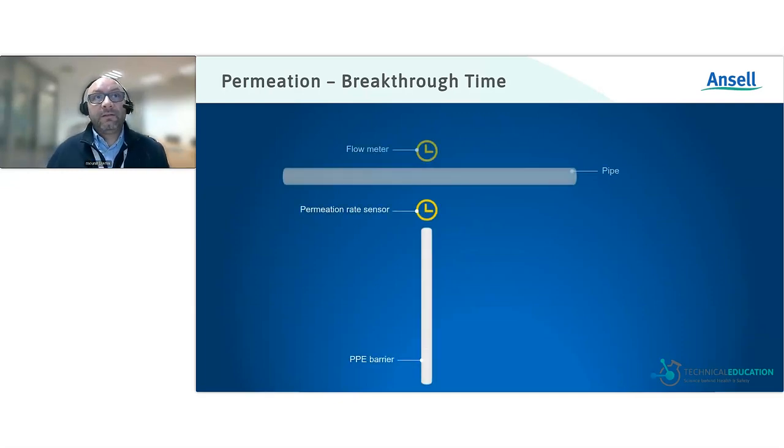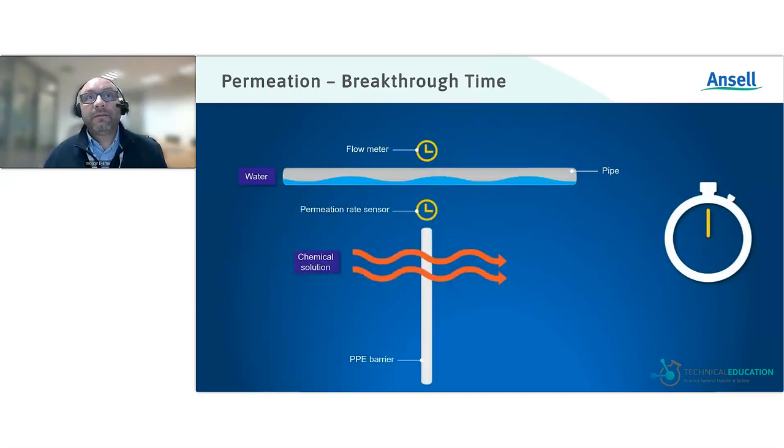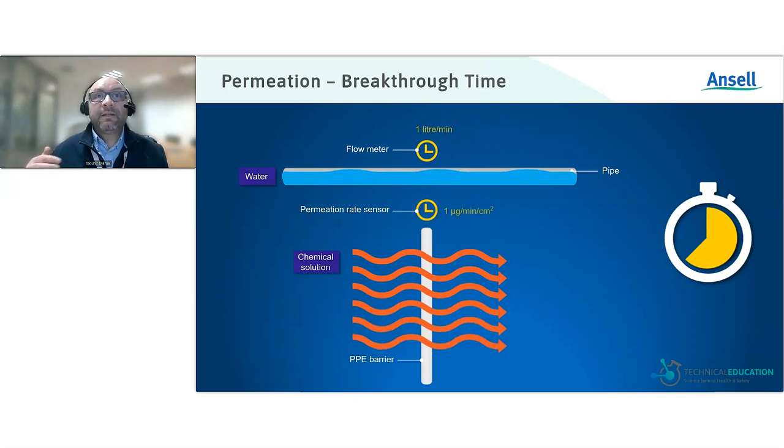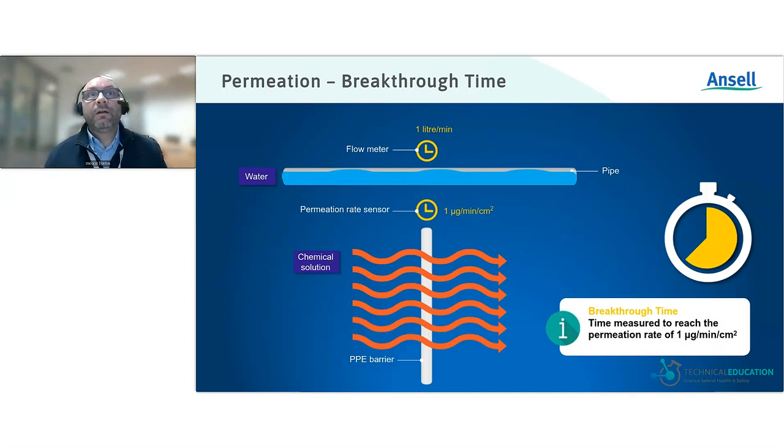So you see the two analogies, the water pipe and the PPE barrier, and I have a timer. When I open the valve and the chemical valve, I also start the timer, and we will see the flow of water and the flow of permeation increasing. When the permeation flow reaches 1 microgram per minute per square centimeter, we stop the timer, and the time in minutes that we measure is the breakthrough time.